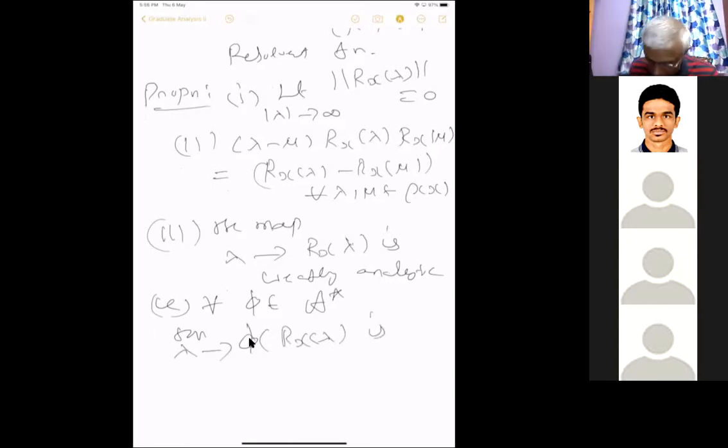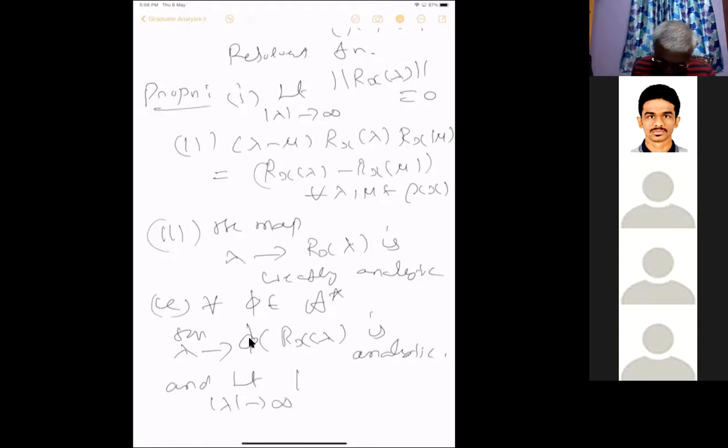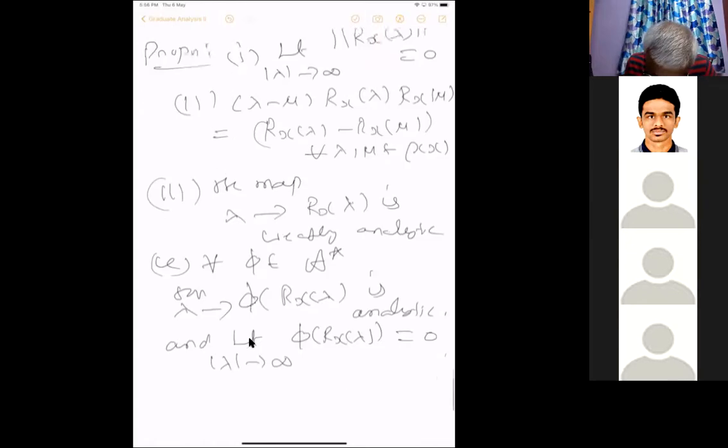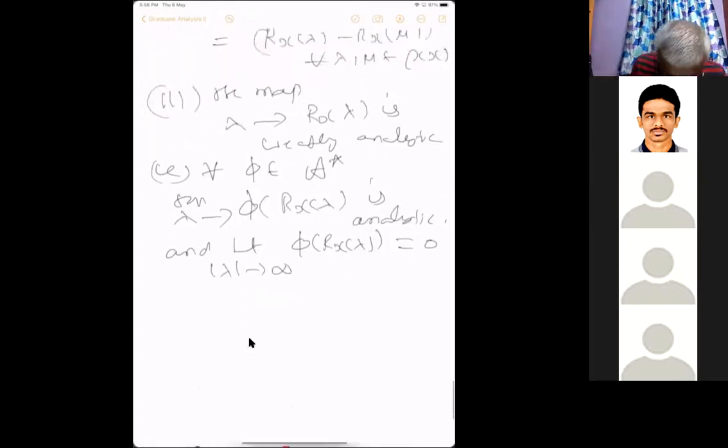It's a complex valued function, so it is analytic. And it also follows from the first condition that as mod lambda goes to infinity, phi of Rx lambda goes to 0. Okay, these are the three things we want to prove.